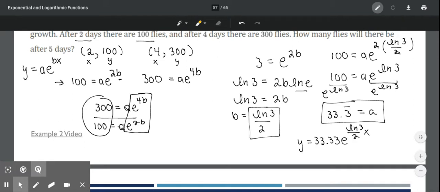So we've come up with the equation, and the question is how many after 5 days? And so now we actually have to substitute 5 in for that x value. So we have e to the natural log of 3 over 2 times 5. And when you go through and calculate that, you end up getting about 520 flies.